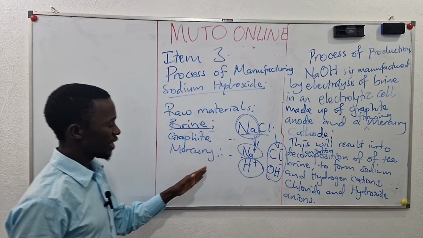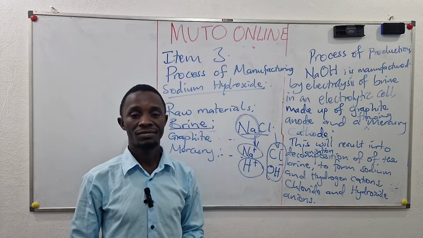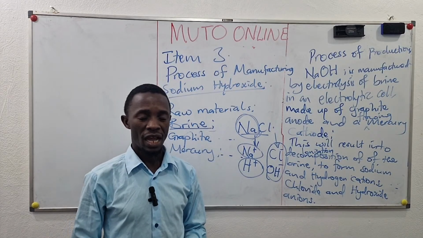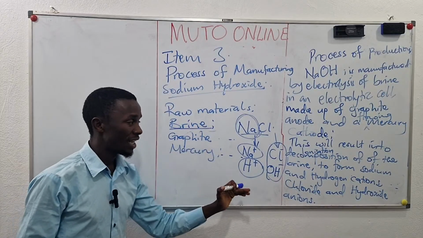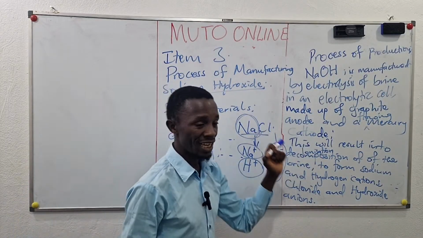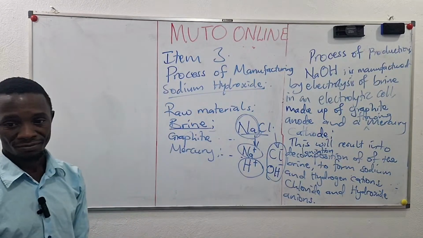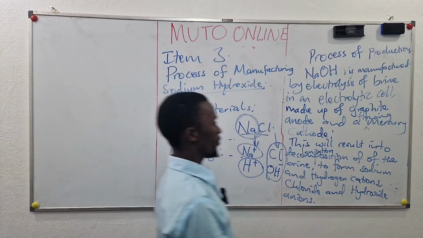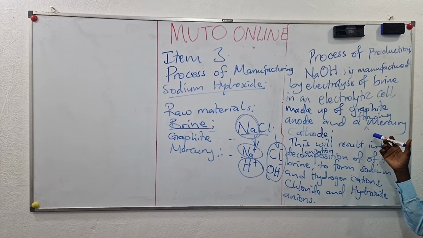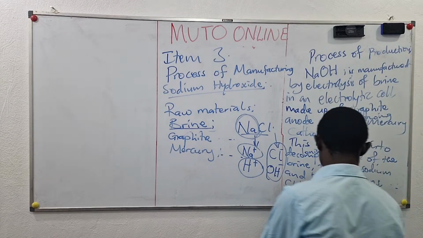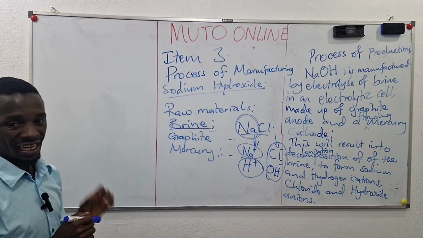So this means we are now going to deal with the cations. And remember, we said that the positively charged ions formed as a result of decomposition of the electrolyte always migrate to the cathode. And we said the cathode is a flowing mercury cathode. So I'm now going to talk about only these ones, the sodium and the hydrogen ions.